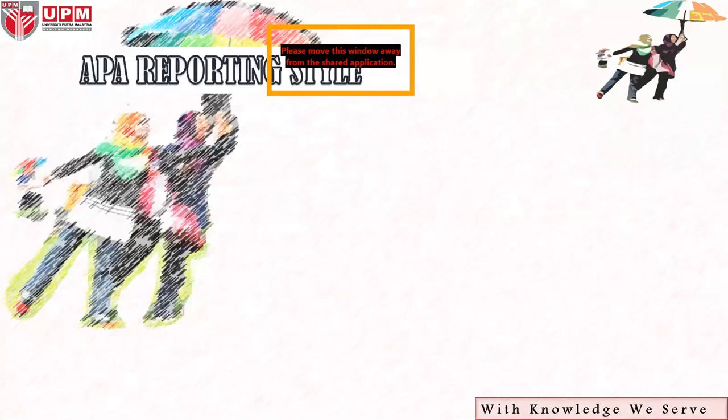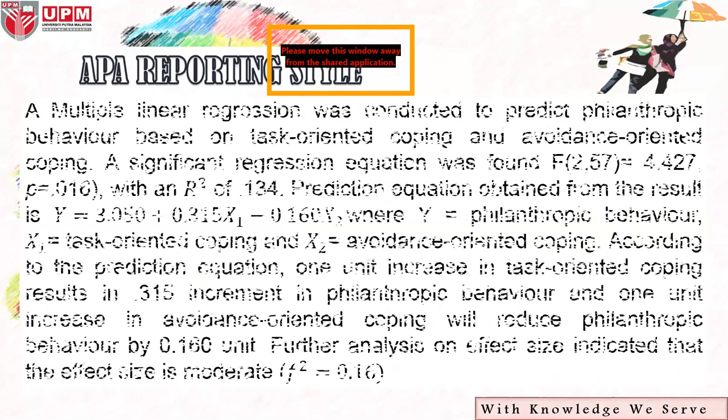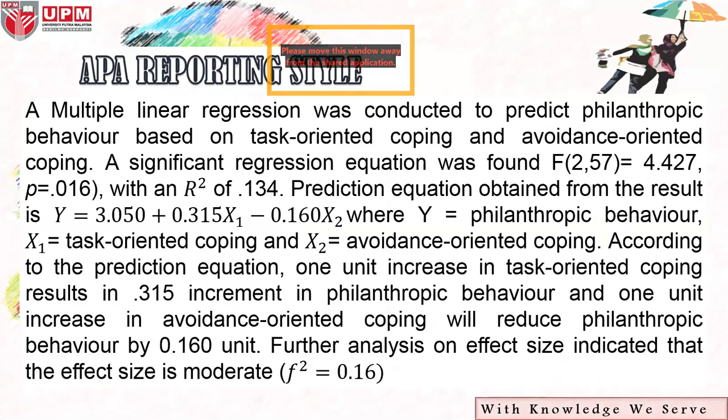In terms of reporting, this is how to report. A multiple linear regression was conducted to predict philanthropic behavior based on task-oriented coping and avoidance-oriented coping. A significant regression equation was found: F, with the degrees of freedom in brackets, equals 4.427, significant P equals 0.016, with an R square of 0.134.